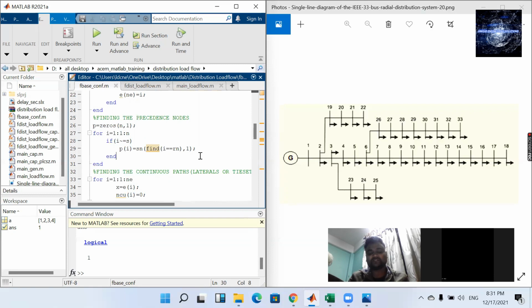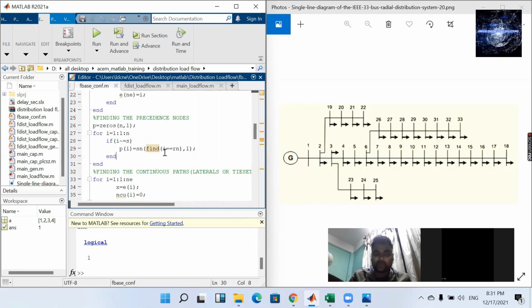So it is not necessary that the receiving end line number will always be the bus number minus 1. So we have to develop a general logic.